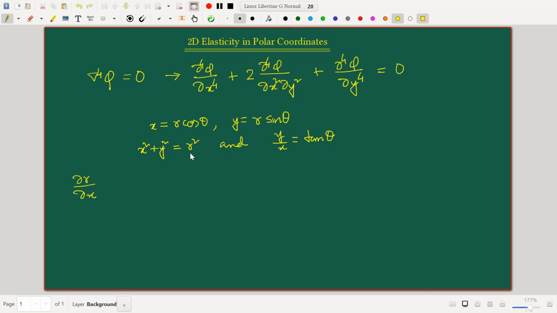So you understand that when I differentiate this right hand side with respect to x, this is going to be twice r del r del x, and on the left hand side I'm just going to get this as twice of x, and this is easily simplified as x by r, and since x is equal to r cos theta, we have this del r del x as cos theta.